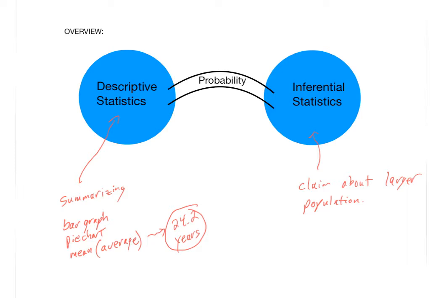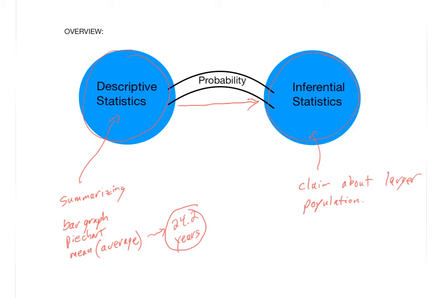So anytime you're working in inferential statistics and you start to make a claim, you have to have a probability attached with it. So notice here, you've got this descriptive statistics bubble, and then we have the inferential statistics bubble, but we can't go from descriptive to inferential without crossing this probability bridge, if you will. So we have to study probability in order to study inferential statistics.